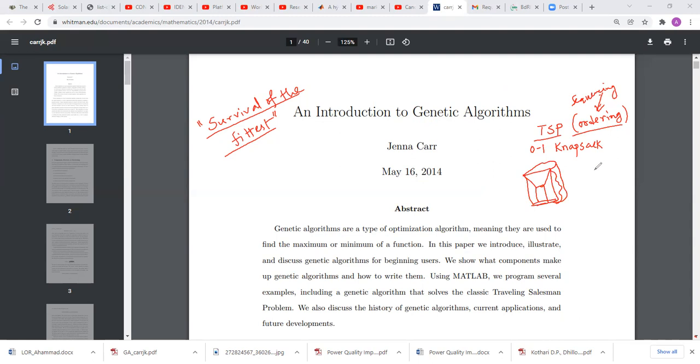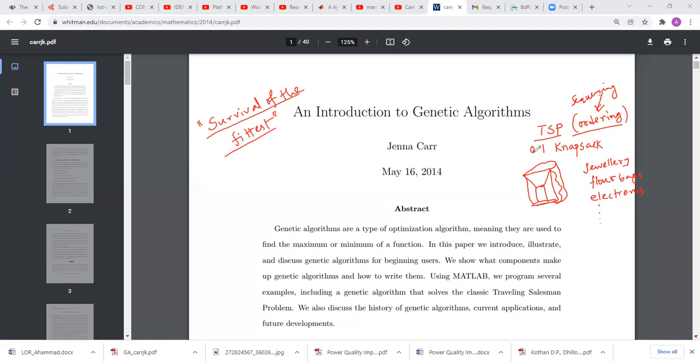And there are items. Of course, when a thief comes to a house, he should try to maximize the items that he is actually taking, right? Stealing. So let's say in the market, he finds jewelry, flower bags, electronics, accessories, and so on.